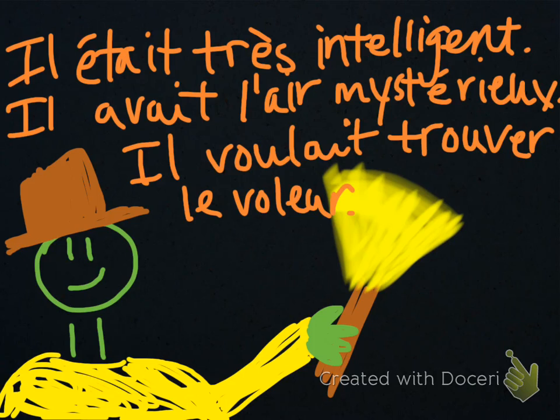So we have he was very intelligent, he seemed mysterious, and he wanted to find the thief or the robber. So this is the imparfait because it describes what he is like or feeling and what he wants or what he wishes in the past. That was his mental or emotional state.